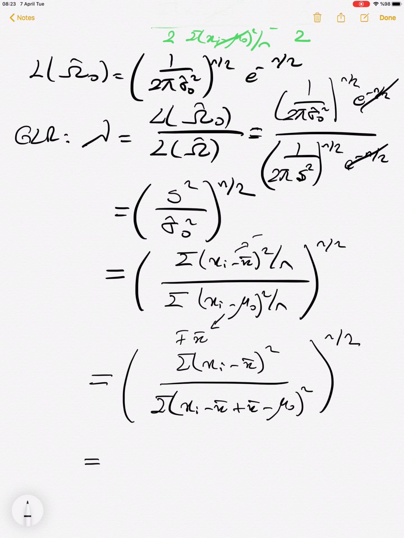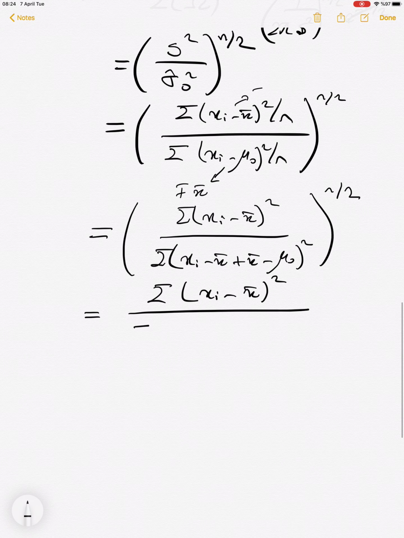Okay, if we do it like that, you will see that we will have summation (x_i minus x bar) whole square. So 2 times summation (x_i minus x bar) times (x bar minus mu 0) will be 0, because the summation of (x_i minus x bar) will be 0.